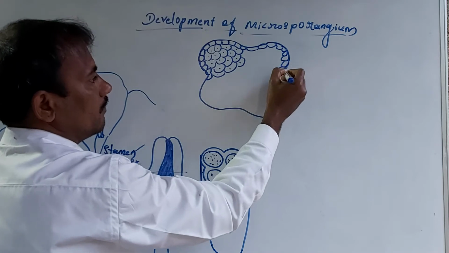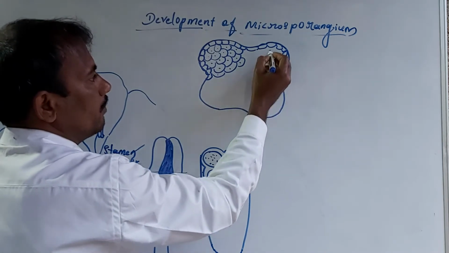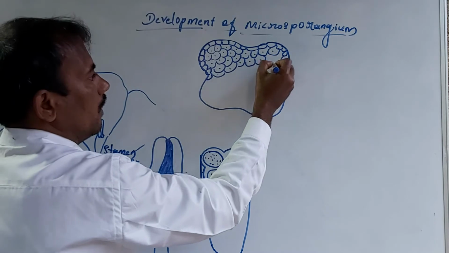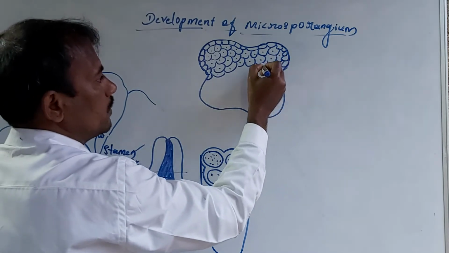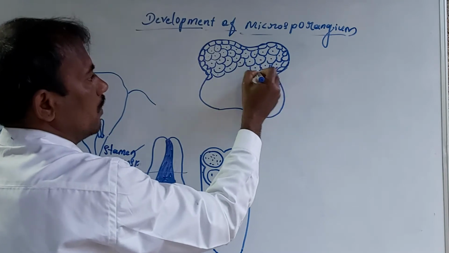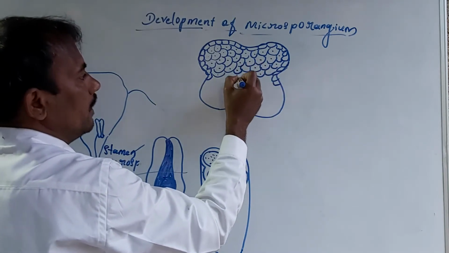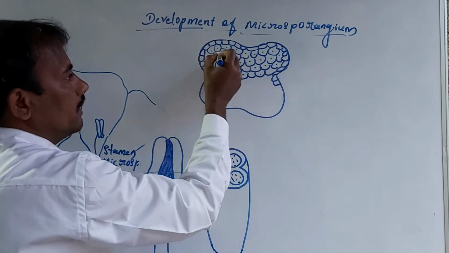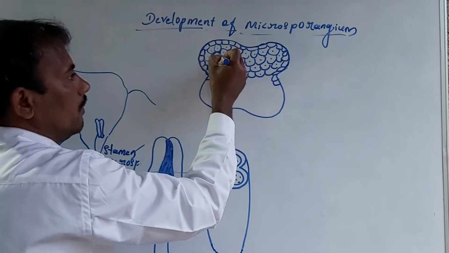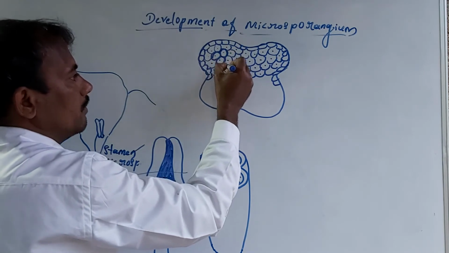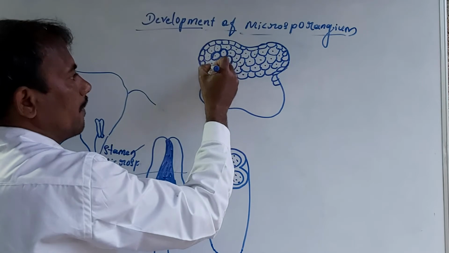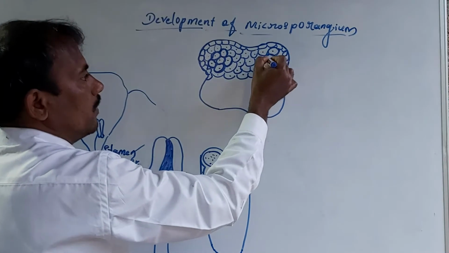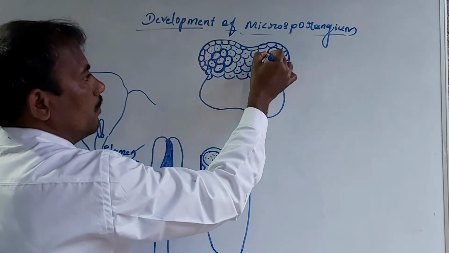At a very early stage of the growth and development of the microsporangium, at each and every lobe of the anther, a group of homogeneous mass of cells becomes apparent, containing a dense amount of cytoplasm and a prominent nucleus.